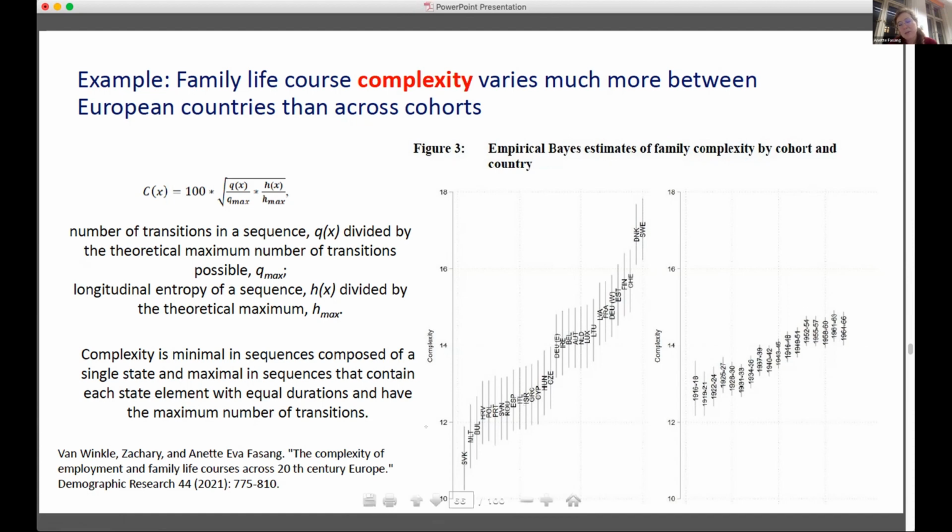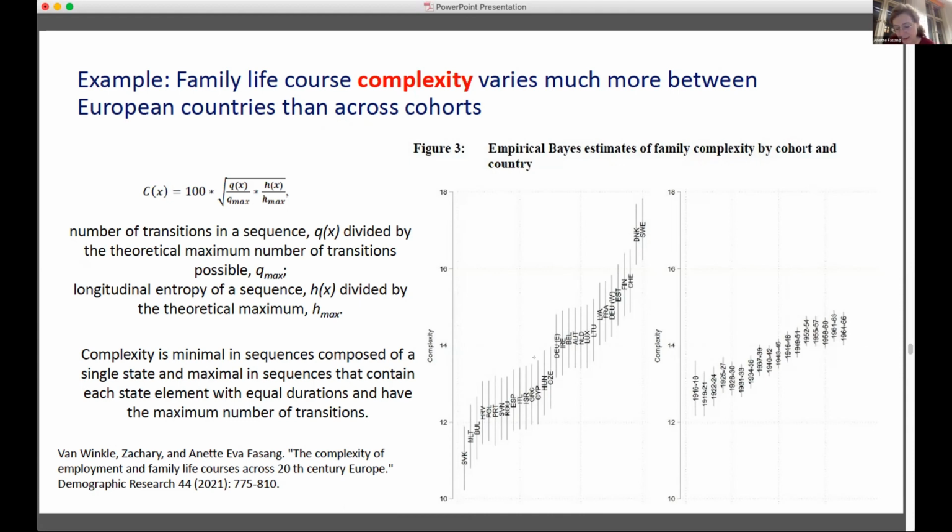And the variation between European countries is much larger, and this is also stable over time. So also, if we want to study these differences, we might look more at cross-country differences than over-time change. And this whole narrative of increasing complexity, just as an unvalued increasing number of transitions, isn't so clear.